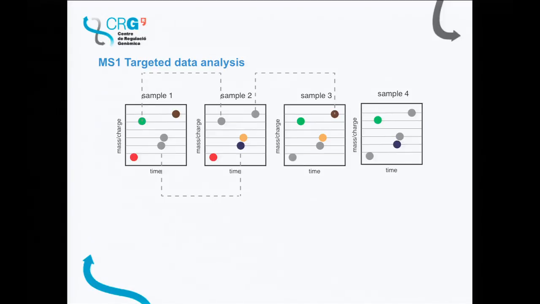Each of these circles is a feature, a peptide. Colored means identified, gray means not identified. I can align these maps and share data information, so I can get virtually complete matrices of peptides identified in all my samples and quantified with MS1. And this has been done for several years now.